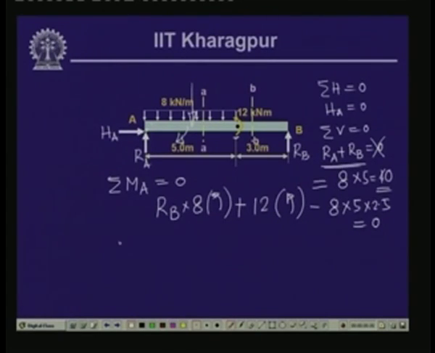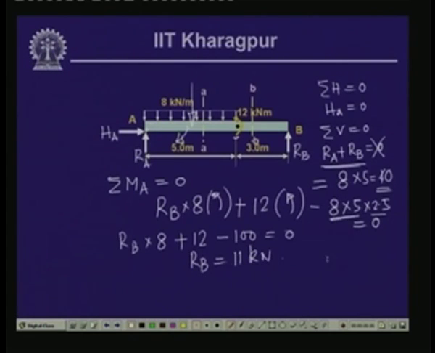This gives us RB times 8 plus 12 minus 40 times 2.5, which is 100, equals 0. So, this gives us a value of RB equal to 11 kilonewton.